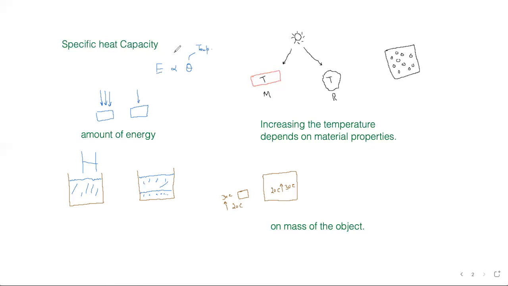Look at just this. Here, this is our thermal energy or heat, or we can simply say this is our energy. Now, if I increase energy, the change in energy will be proportional to the change in temperature.